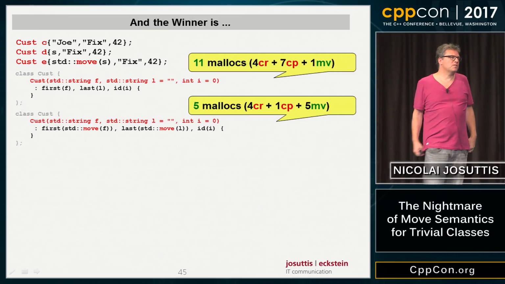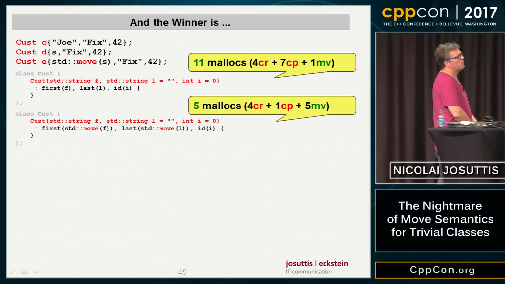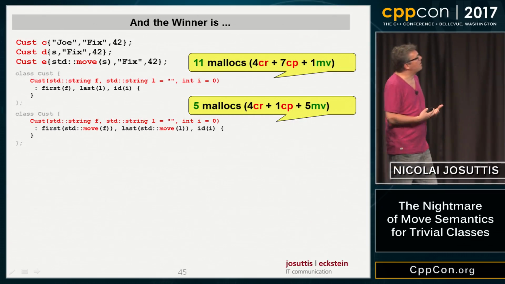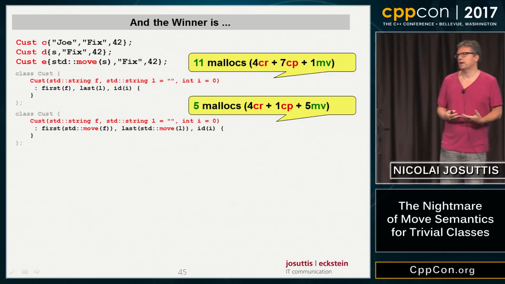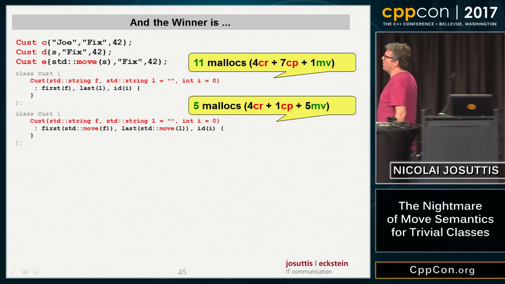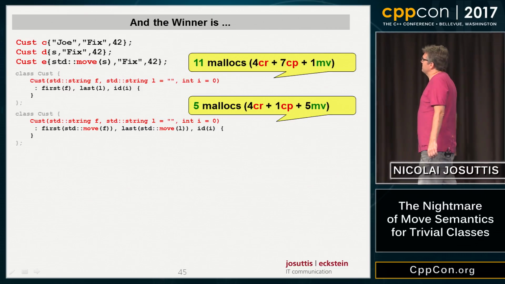So the solution was here to use std::move for the by-value passed arguments f and l, and we were almost perfect. We got 5 mallocs because 4 creates and 1 copy, which is exactly what we had.